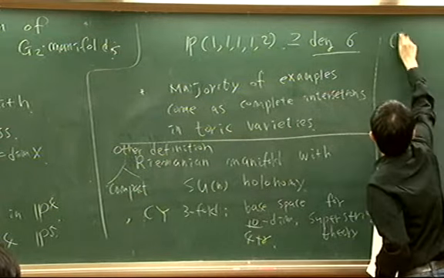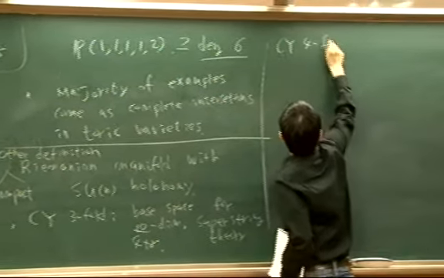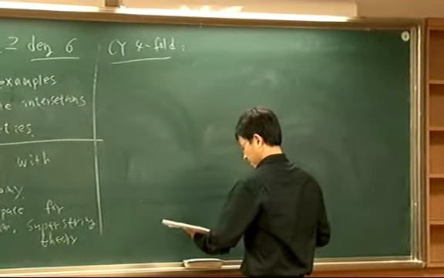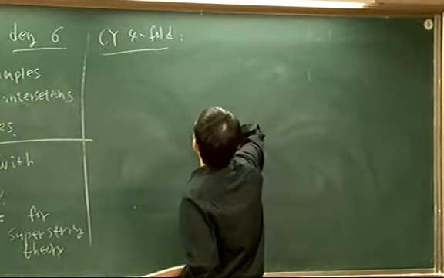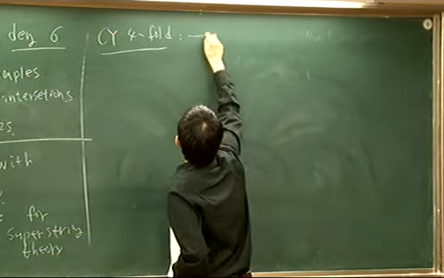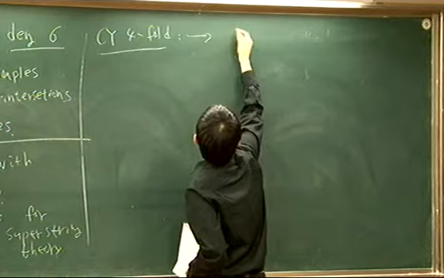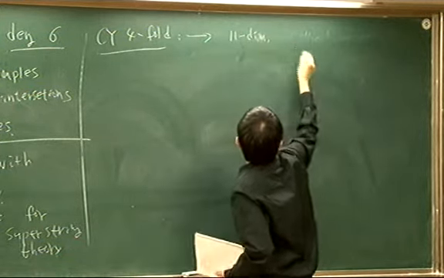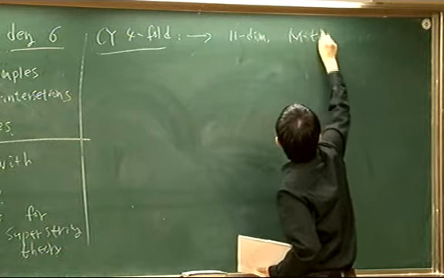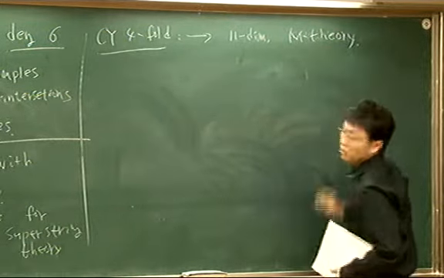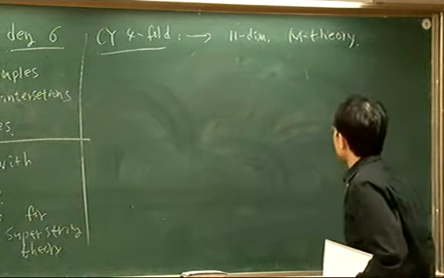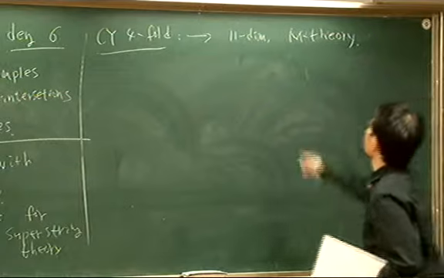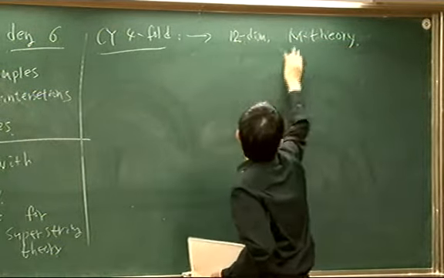And the Calabi-Yau fourfold is supposed to be, in physics, 12-dimensional. It's called F theory. Sorry, not M theory, this is F theory.